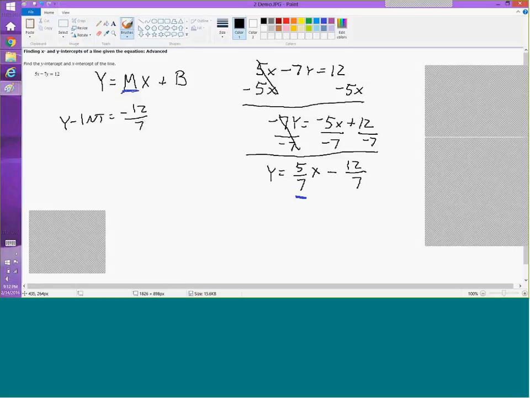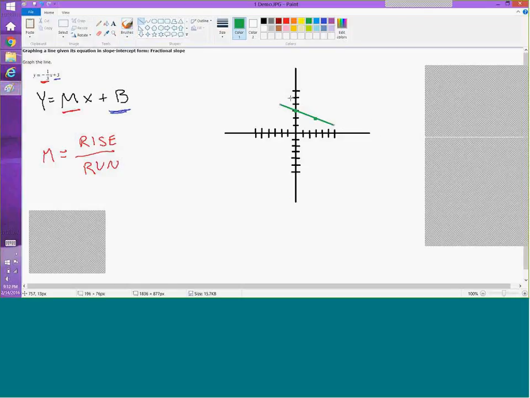Typically, the way that you actually answer these questions is you just make a little chart. If you're on your y-intercept, that means that you haven't gone anywhere in x, so x has to be 0 to find your y-intercept. If you're on your x-intercept, that means you're at the point where your graph crosses the x-axis, and then you haven't gone up or down at all, so y has to equal 0.